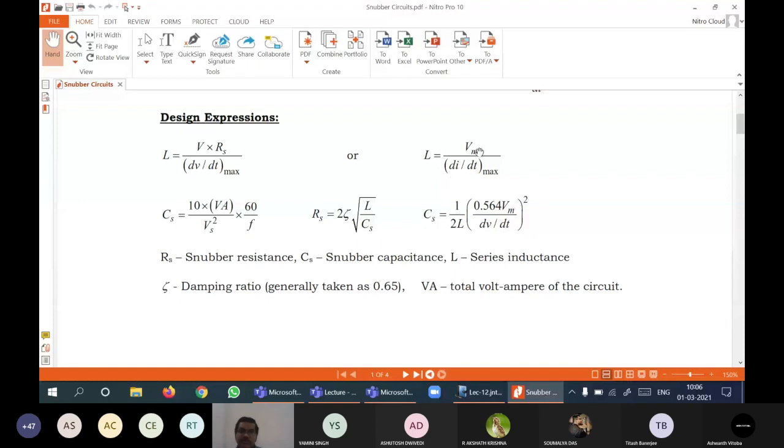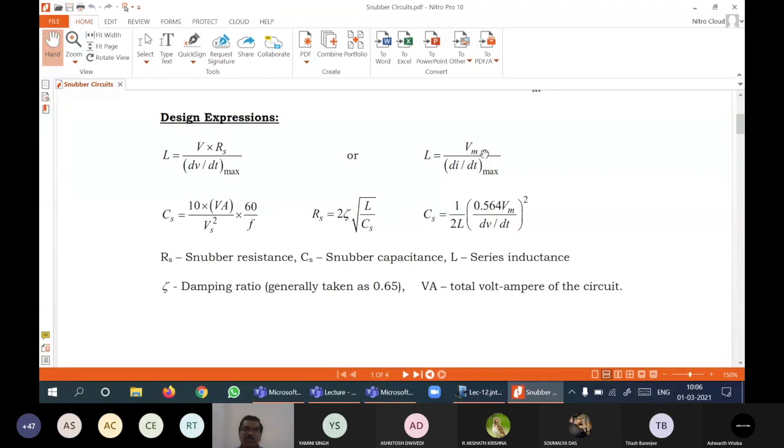Now, this is a very simple expression. You know that the voltage induced across an inductor is given by L into di by dt. Maximum voltage has to be impressed across the snubber inductor. Therefore, you rearrange and then you get the inductance value as maximum voltage divided by di by dt. You will know di by dt max and V max.